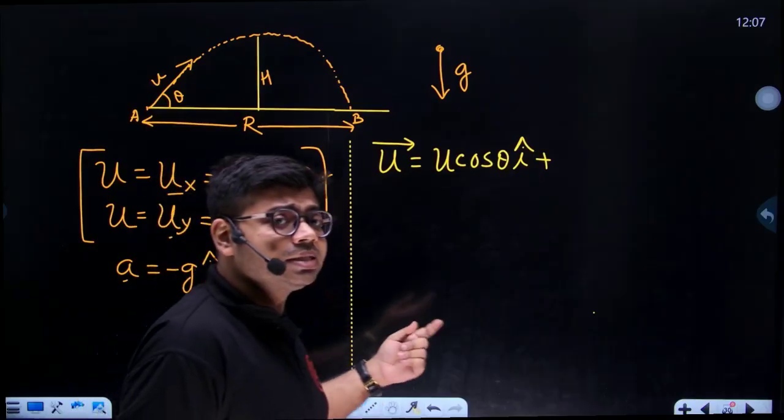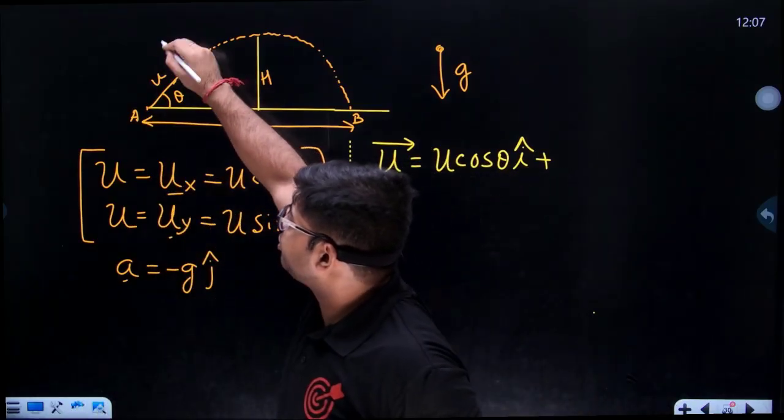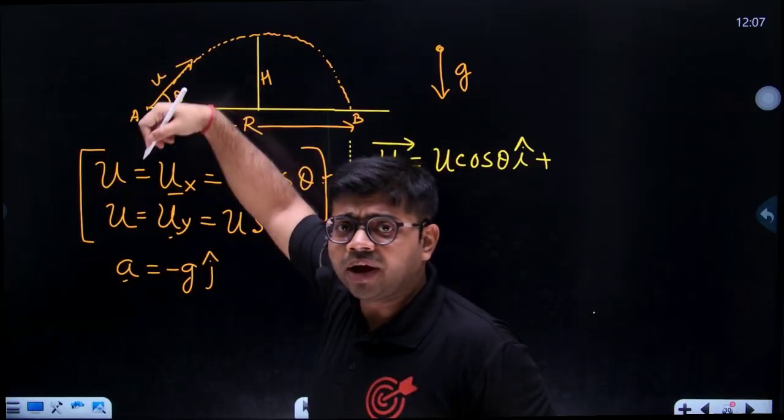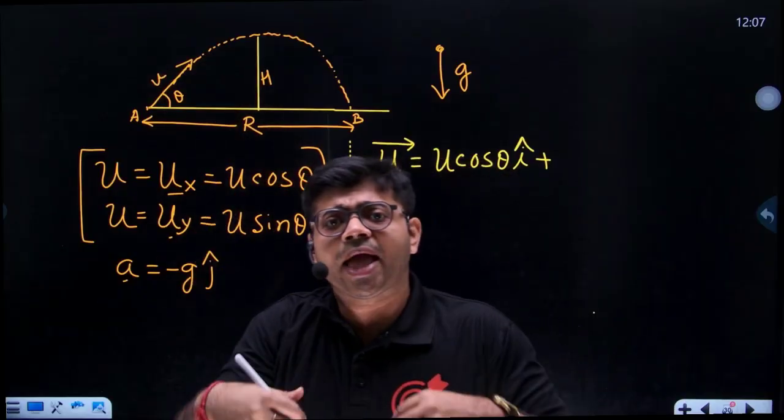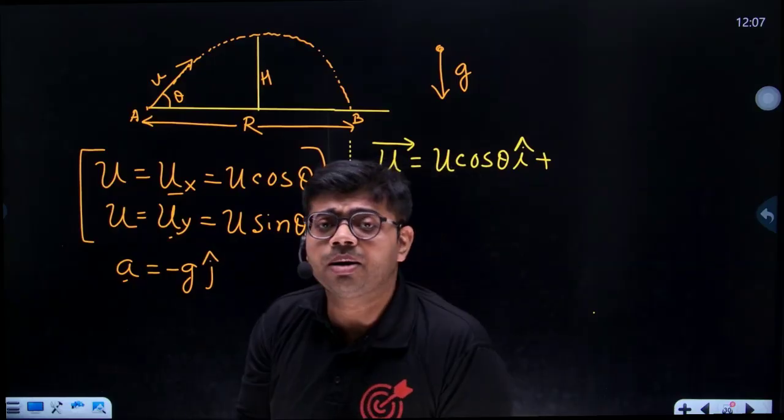Now you see this u sin theta will change with time, na? Because if I am talking about the vertical velocity, the vertical velocity के ऊपर तो acceleration भी काम कर रहा है. और वो acceleration किस दिशा पे काम कर रहा है?